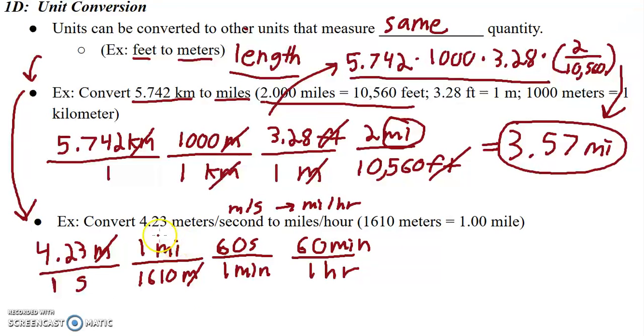Meters cancel, and then we just have miles in the numerator, seconds and minutes cancel. So we're left with hours in the denominator. Our answer will be in miles an hour. And this comes out to be 9.46 miles an hour.